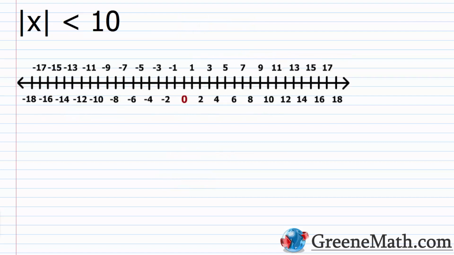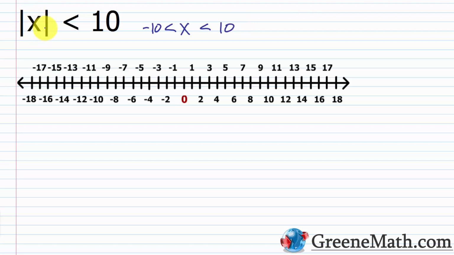So let's take a look at the absolute value of x is less than 10. So following our last example, we know that x would be what? It would be greater than -10 and less than 10, right? See how fast I do that? So once you've got the rules down, you can do these very quickly. But again, think about this as a concept.